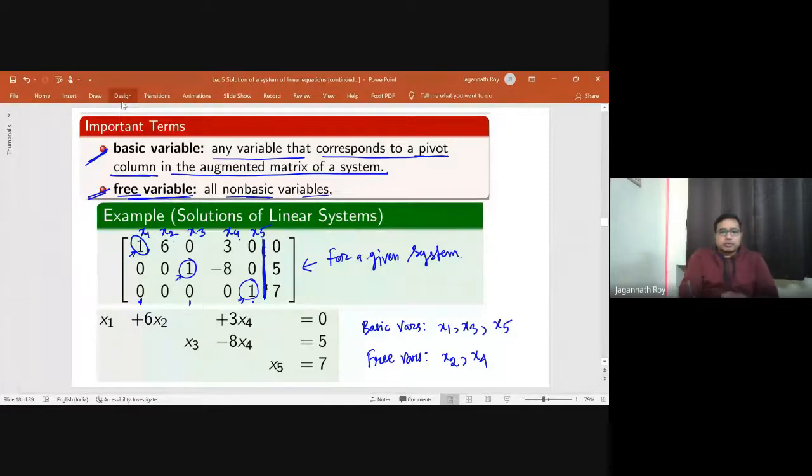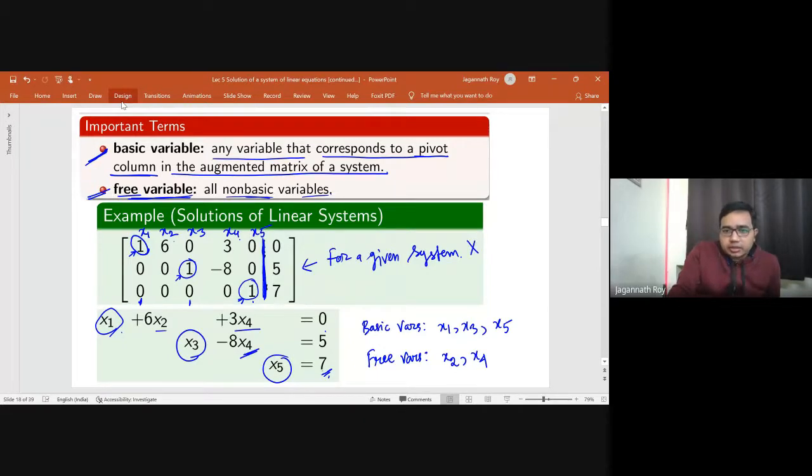So from here you will get the values of x1 in terms of x2 and x4, the value of x3 in terms of x4, and the value of x5 is directly given as 7. So the solution will become of this form.